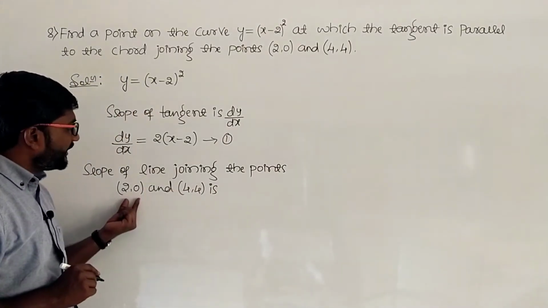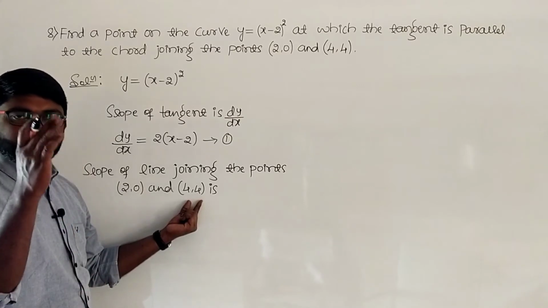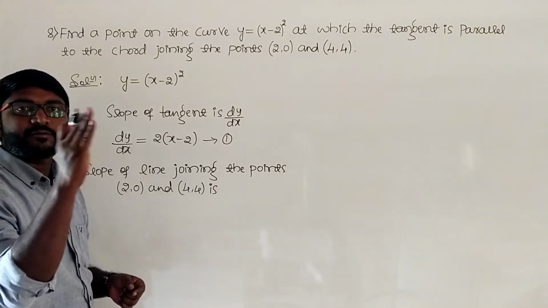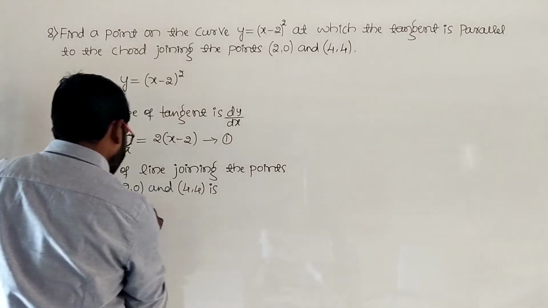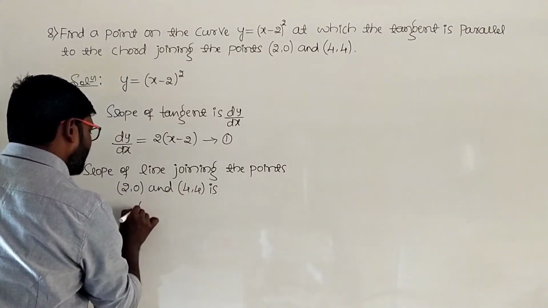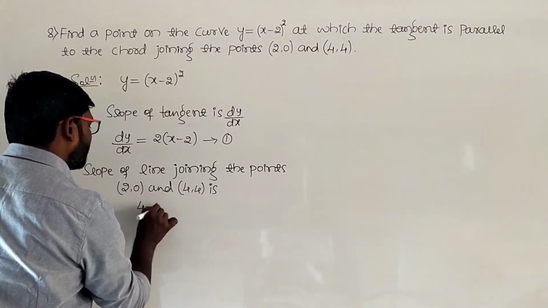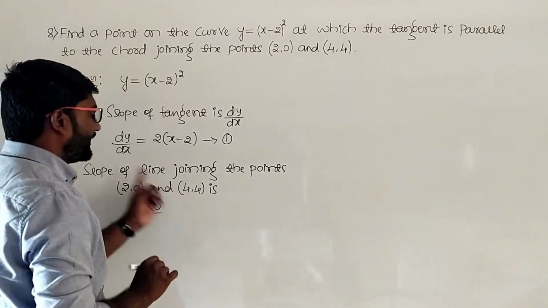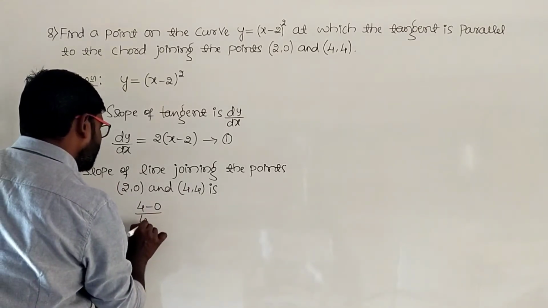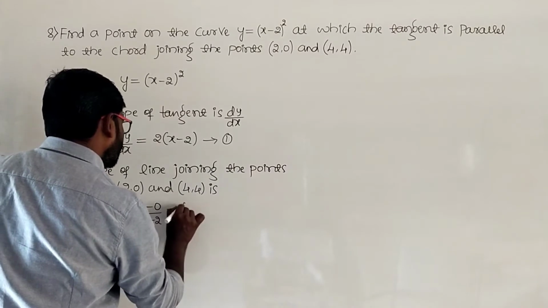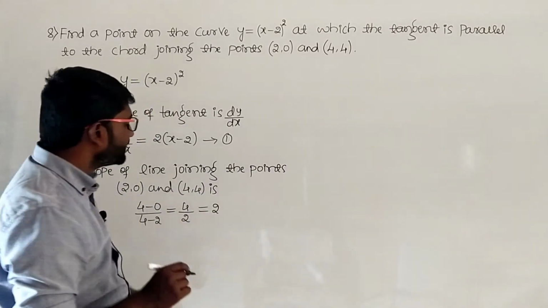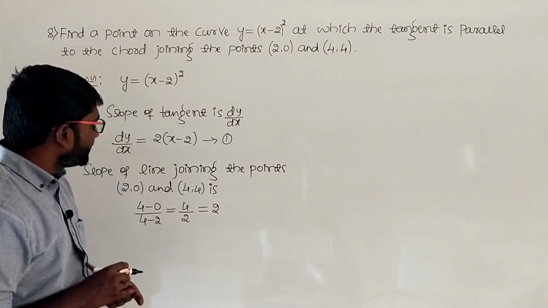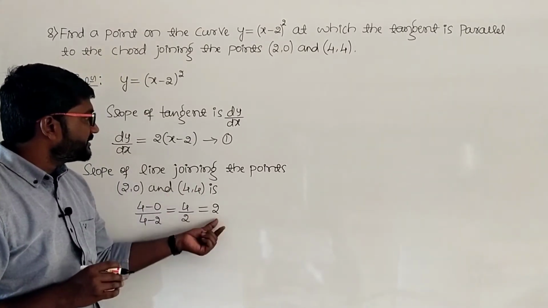This is x1, y1, this is x2, y2. So the slope is y2 minus y1 divided by x2 minus x1, which is 4 minus 0 divided by 4 minus 2. This equals 4 by 2, which is 2. That means the slope of the line joining the points (2, 0) and (4, 4) is 2.